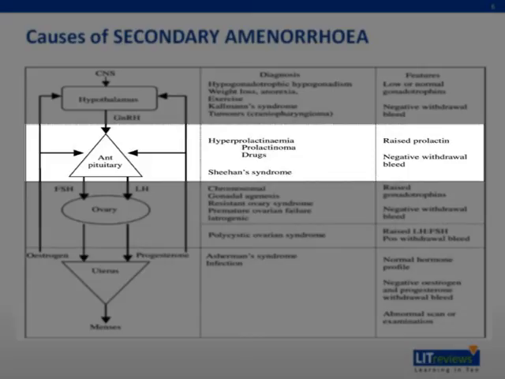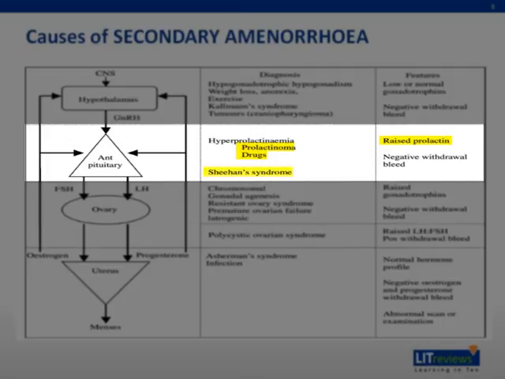The second area of disturbance could be at the level of the anterior pituitary, and very commonly the anterior pituitary could have a tumor which produces prolactin, and the high prolactin level would then cause a cessation of menses. There are also drugs which could interact with the body to cause hyperprolactinemia. Very commonly, drugs like cimetidine, metoclopramide, or even antipsychotic drugs could lead to hyperprolactinemia, causing secondary amenorrhea.